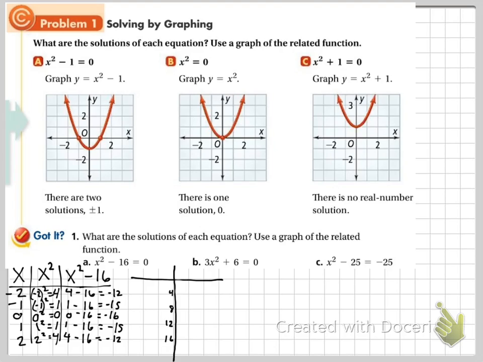So at -2, oh whoops, those are all negative. We're at -12. At -1, we're at -15. And at 0, we're at -16. At 1, we're at -15. And at 2, we're at -12.